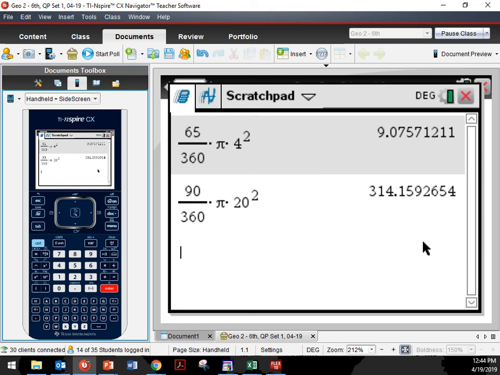Okay, so now, listen please. This is talking about the slice of pizza. This is talking about the pizza crust. So the arc length is the pizza crust. Area of the sector is going to be the pizza itself, right?